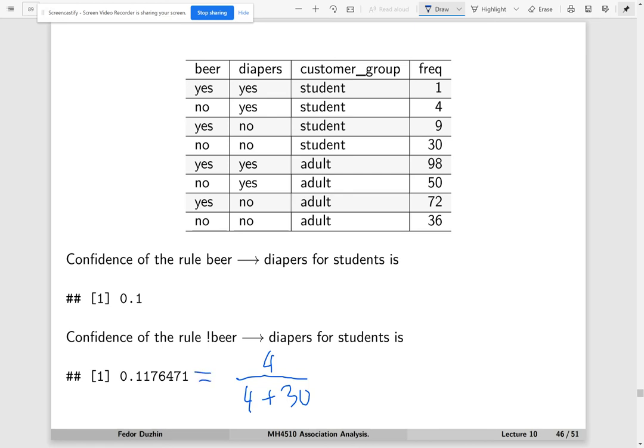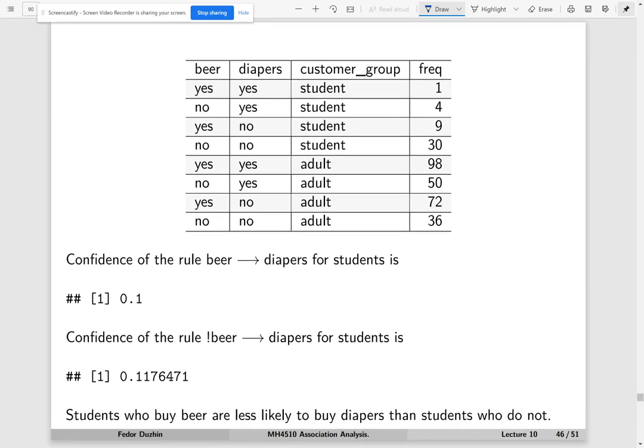It seems that for students, since the confidence of the second rule is higher, the students who buy beer are less likely to buy diapers than students who do not buy beer. Or students who do not buy beer are more likely to buy diapers.